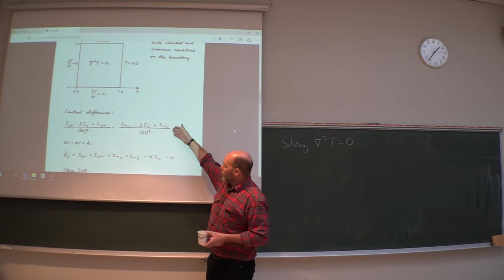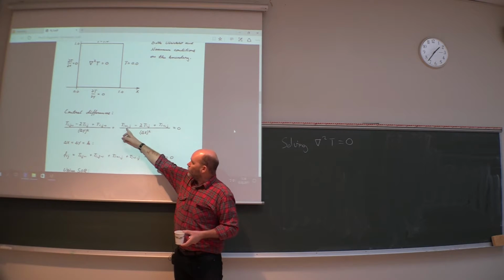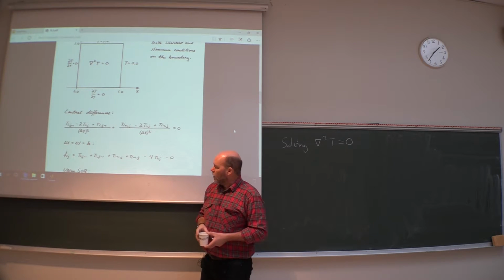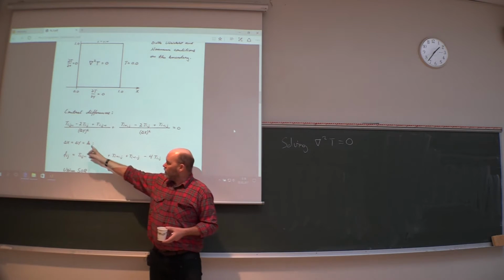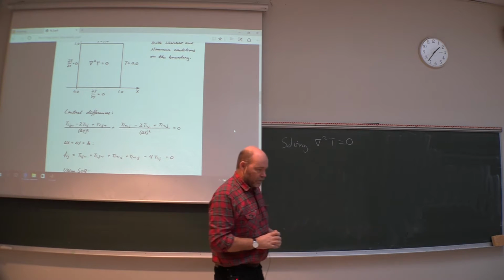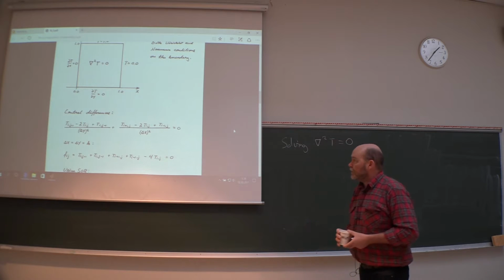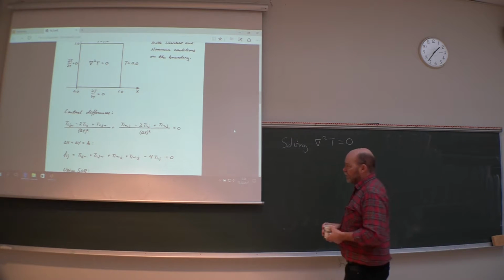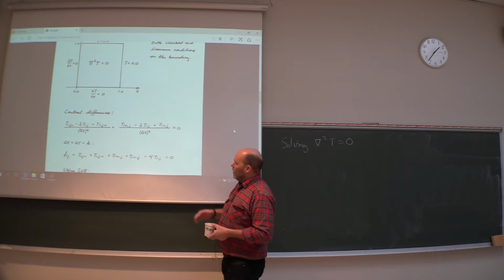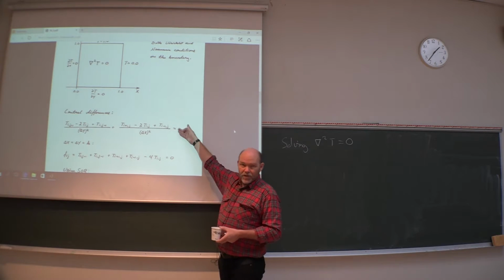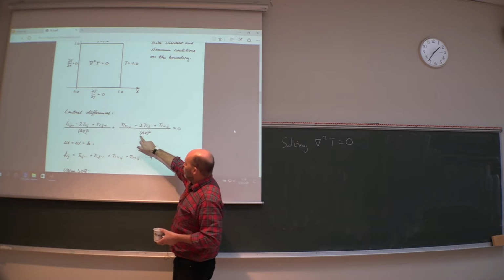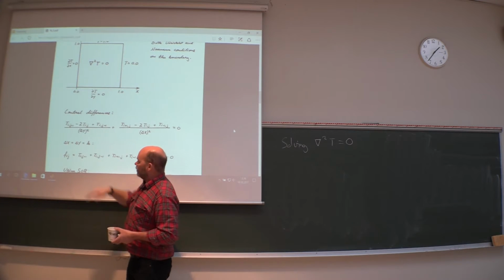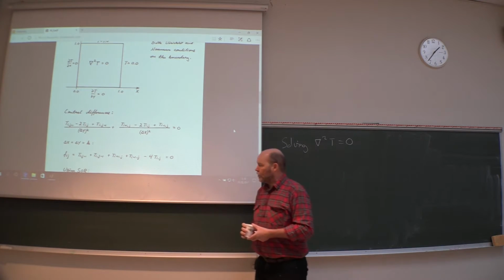Same in the x direction, then it's i plus 1 and i minus 1. Now for simplicity, use the same number of cells in each direction, so the deltas are equal, using just an h instead, and rewrite the equation system. You get something like this. When you have 0 on the other side, of course, h square and h square can be cancelled out.